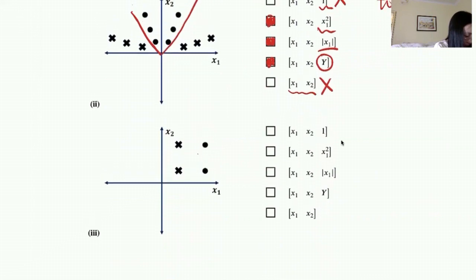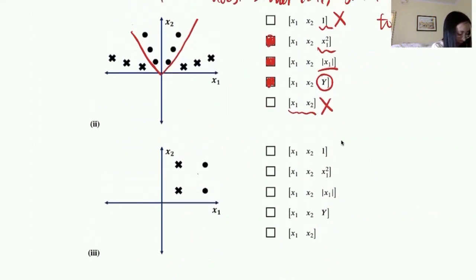Then let's move on to the third case. For the first choice, if the decision boundary needs to pass the origin and it has to be linear, we will say it is impossible. Let's say if you want to draw this decision boundary, then for both sides of the decision boundary there will still be points of different labels, and some of them could even be on the decision boundary.